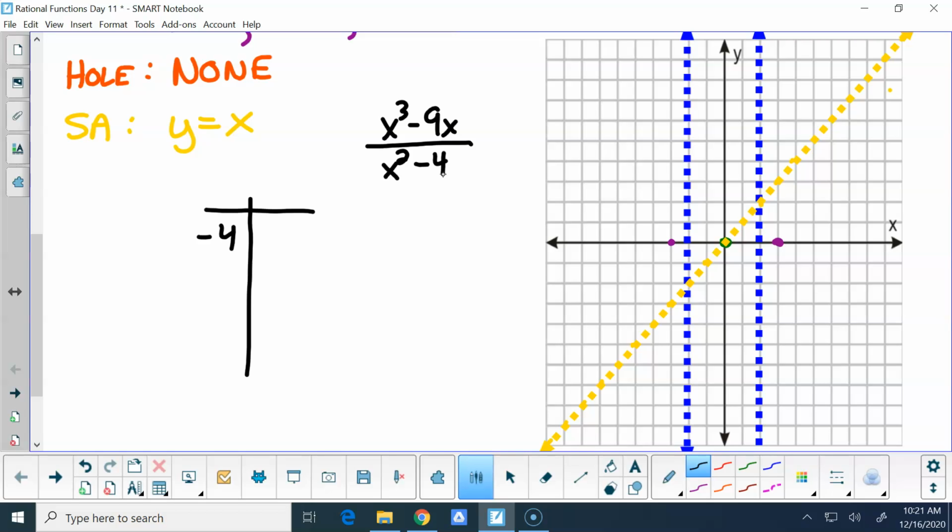So what's that, negative 28? Negative 64 plus 36 is negative 28. Then 16 minus 4, oh, negative 20, that is 12. Right? Okay, negative 28 over 12. That's a little bit more than negative 2.